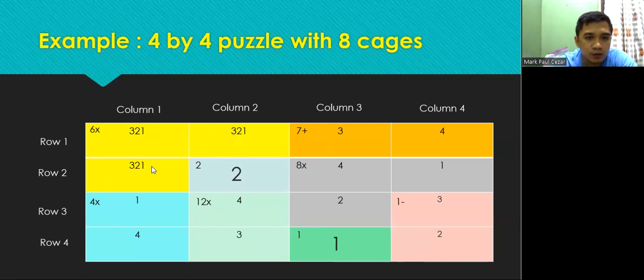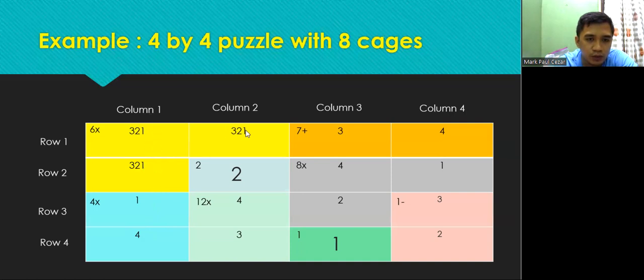So class, if I'm going to put 1 here, it would give us an error because I already have 1 here in this box. So if I use 1 here, we will be breaking our rule for this column. There would be two 1s if we put 1 here. So I'm going to avoid putting the 1 here in this column.